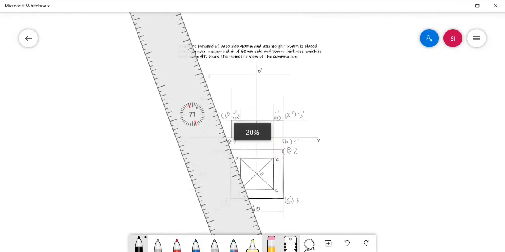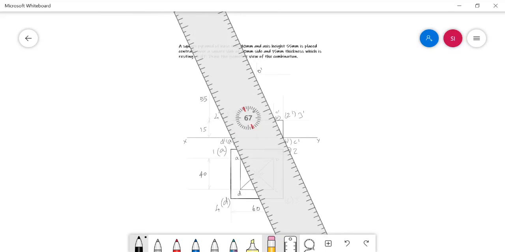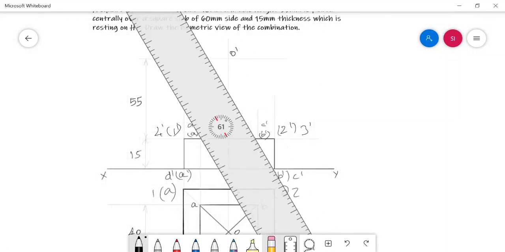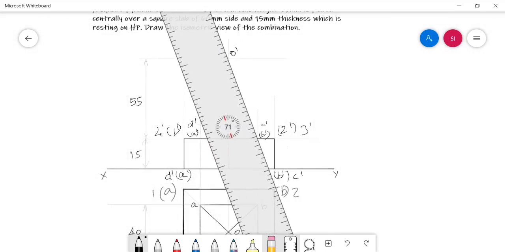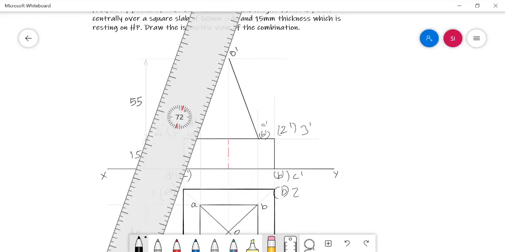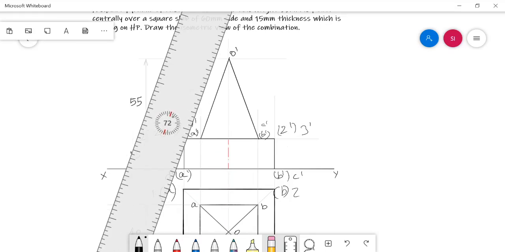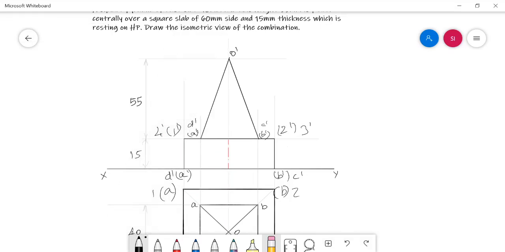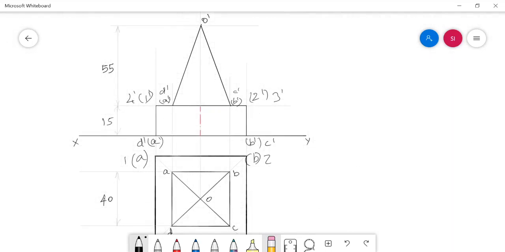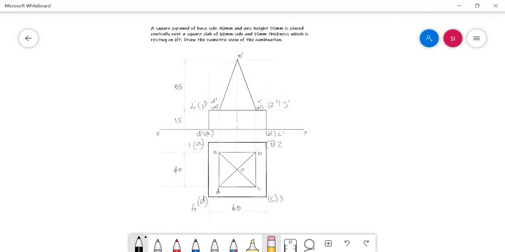And let me connect the slant edges in the front view. Now the orthographic projection of the solid combination is over.